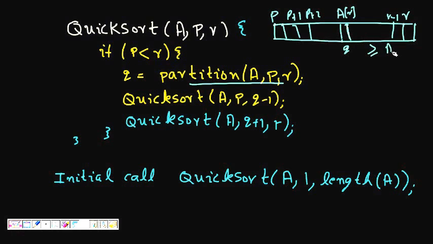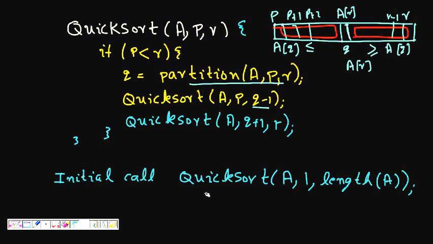Everything on one side is greater than or equal to A[q], everything on the other is less than A[q], and this A[q] is basically the old A[r] from before partition was called. Then we do the same procedure for A[p..q-1] and the subarray on the right. And we already have A[q] in its final position in the sorted array.